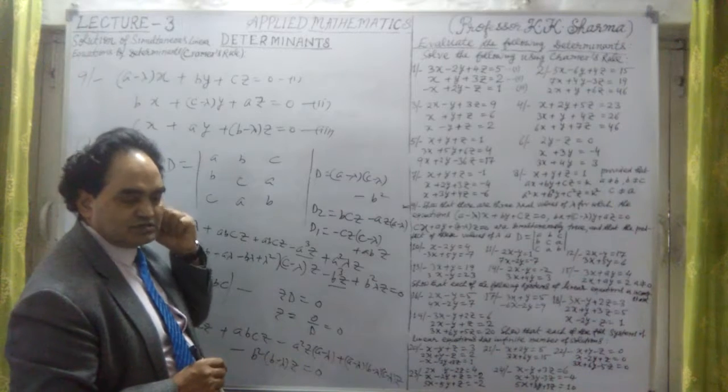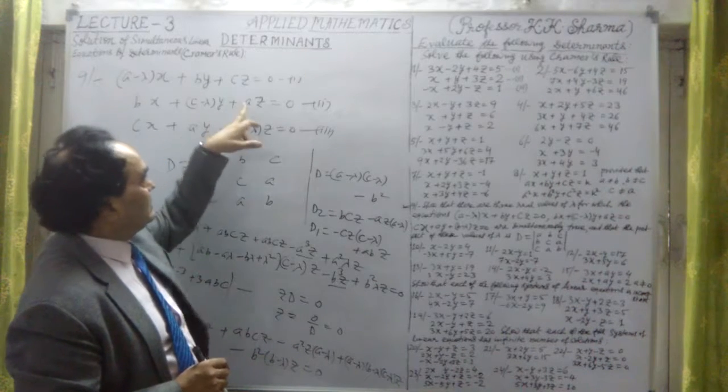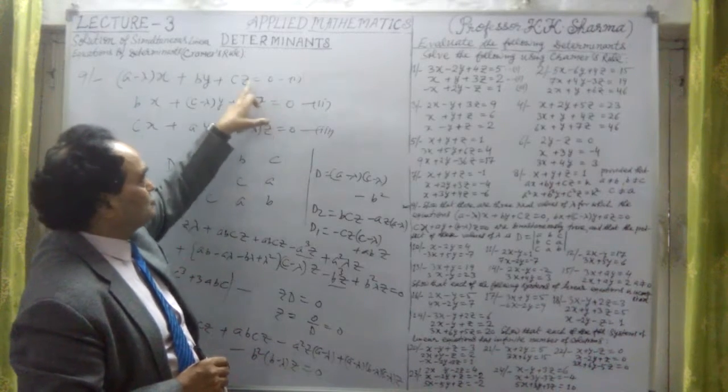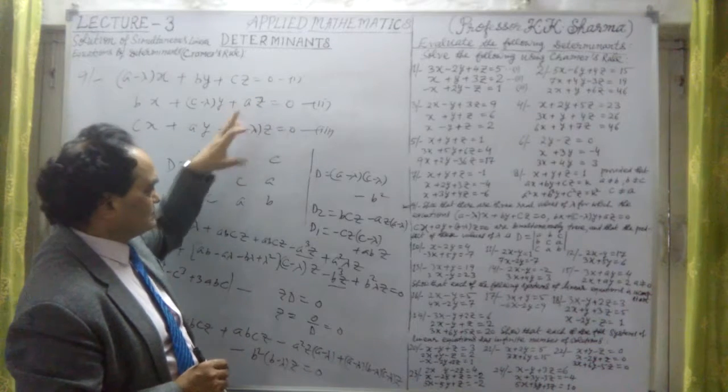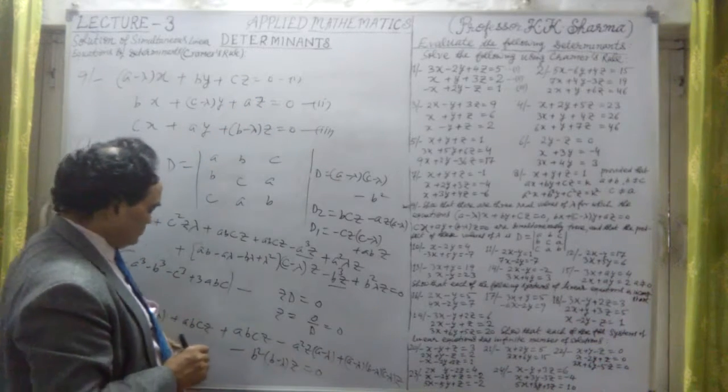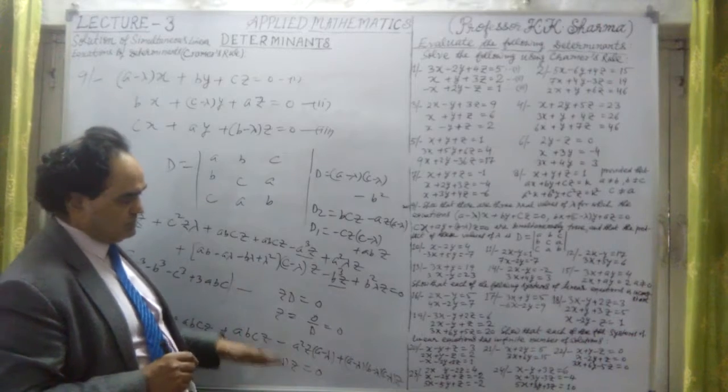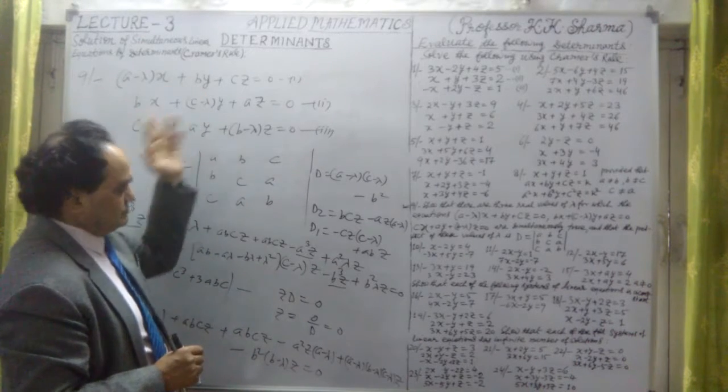For that we take the two equations expressed in terms of z, those values of x and y in terms of z are substituted in the third equation. That is also giving the same value as we obtained from d here.